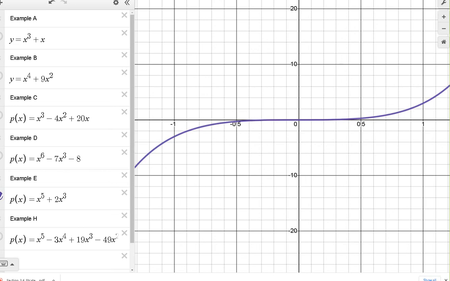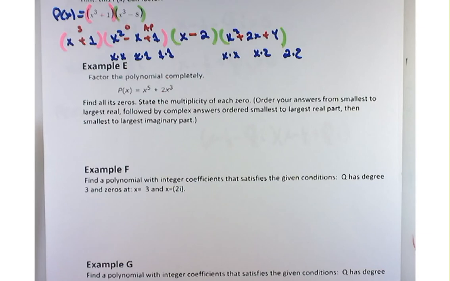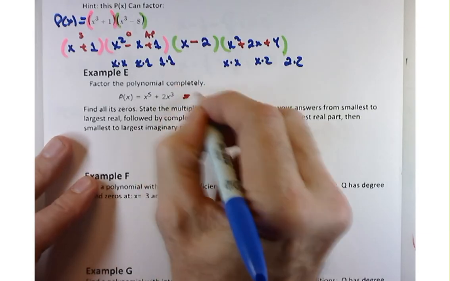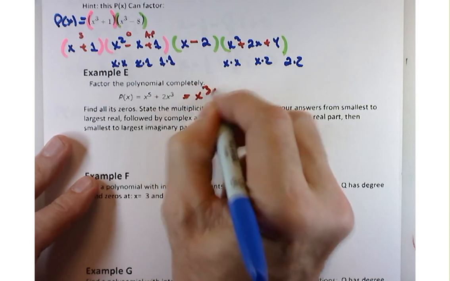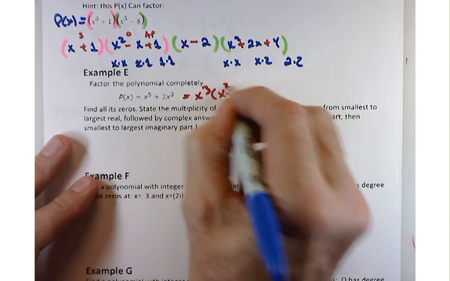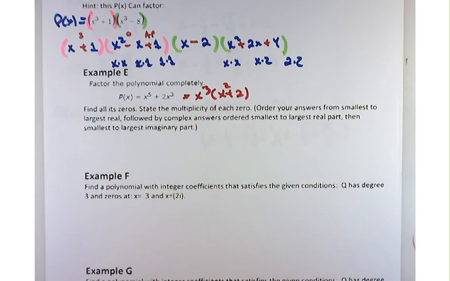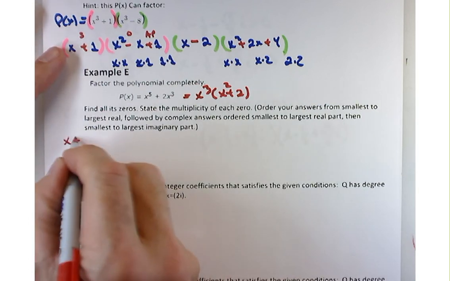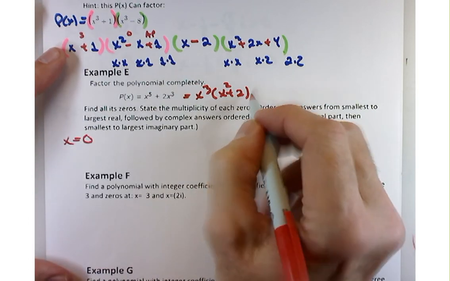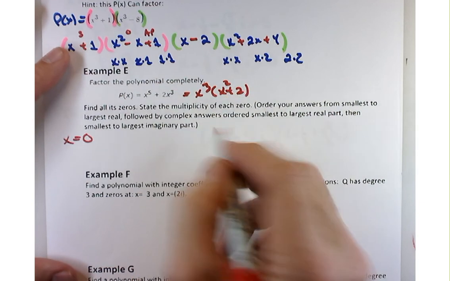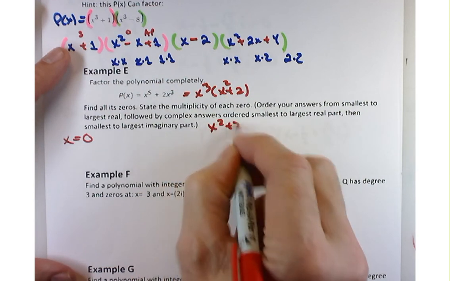It's nice that we understand this bounce and wiggle stuff, because if you were to factor this out, that's going to be x cubed times x squared plus 2. And you can see you've got a root of multiplicity 3 at x equals 0. Let's see if we can find all the real roots and complex roots from that. I know that x equals 0 is a root, but I need to figure out where the rest are. So x squared plus 2 equals 0.